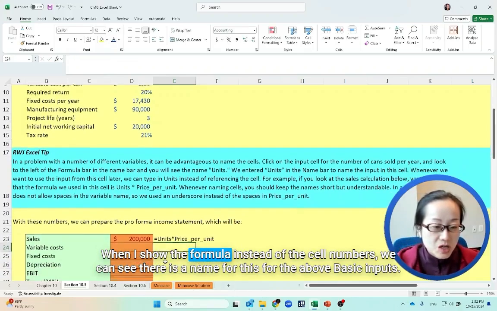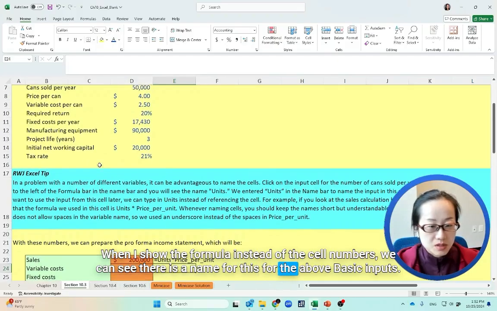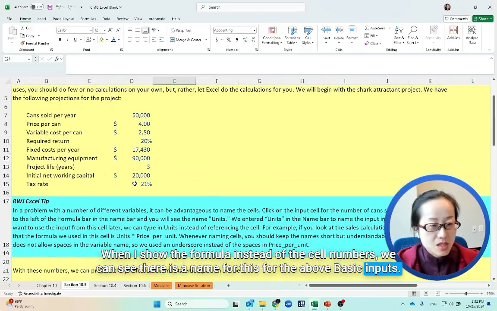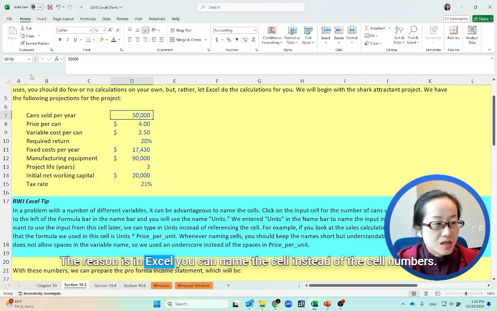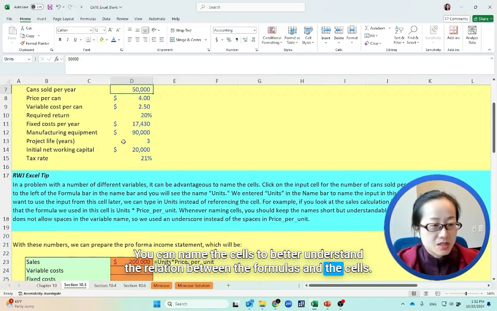When I show the formula instead of the sales numbers, we can see there is a name for this from the above basic inputs. The reason is in Excel, you can name the sales to better understand the relation between the formulas and the sales.